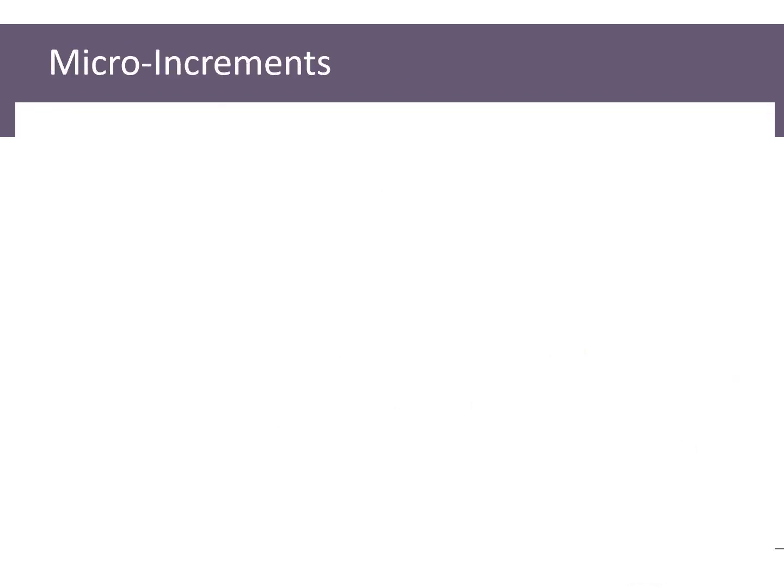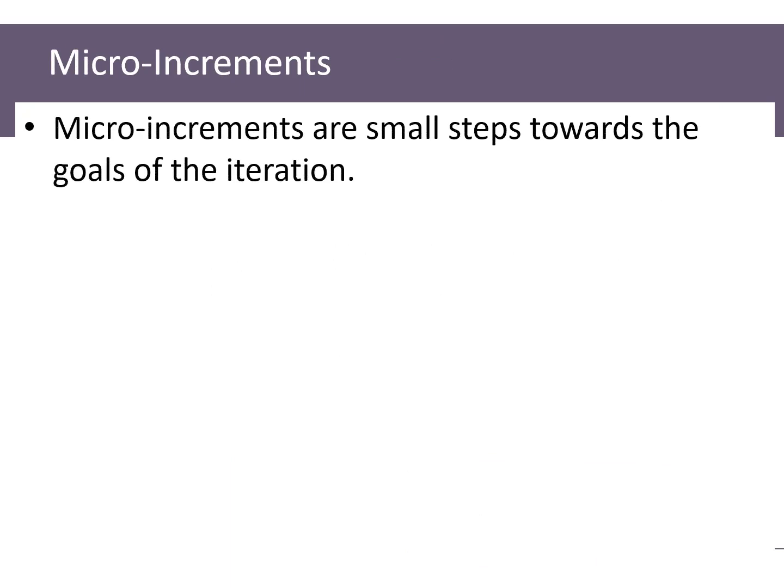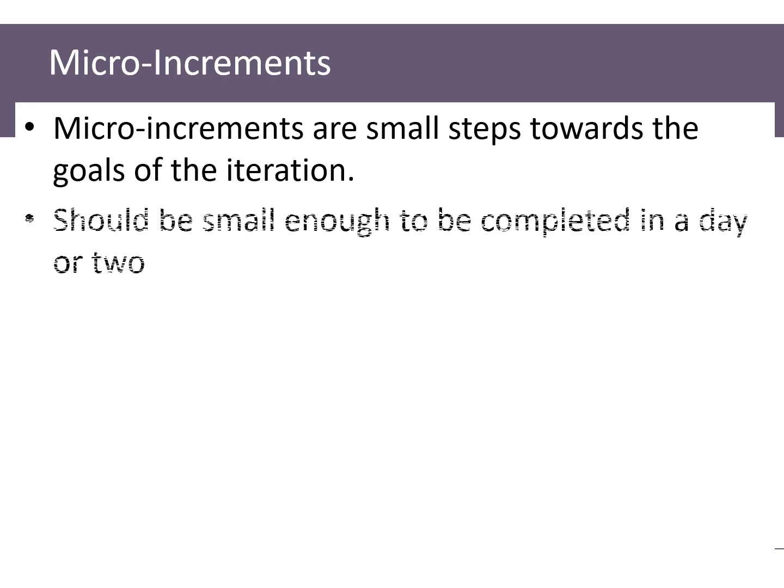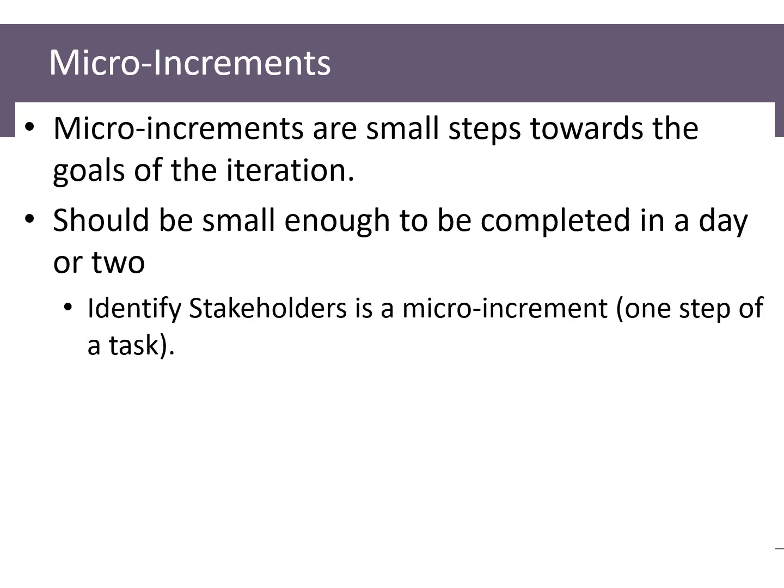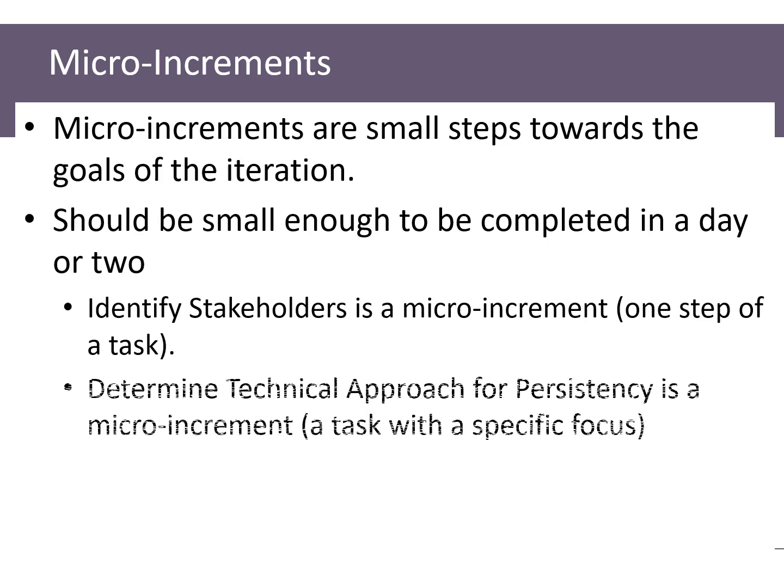If we go to the individual focus, micro increments are small steps towards the iteration goals. It is one or two days of work and should be small enough, and it identifies the stakeholders. It is one step of a task. For example, determining the technical approach for persistency is a micro increment, a task with a specific focus. Usually when people get a problem, they spend weeks trying to solve a small thing, and then the whole plan drifts away from what they want to achieve.